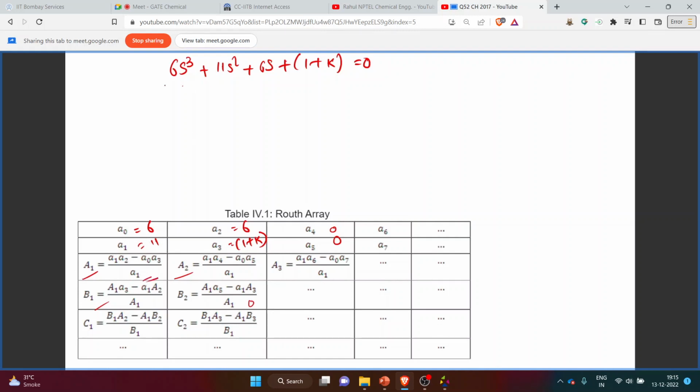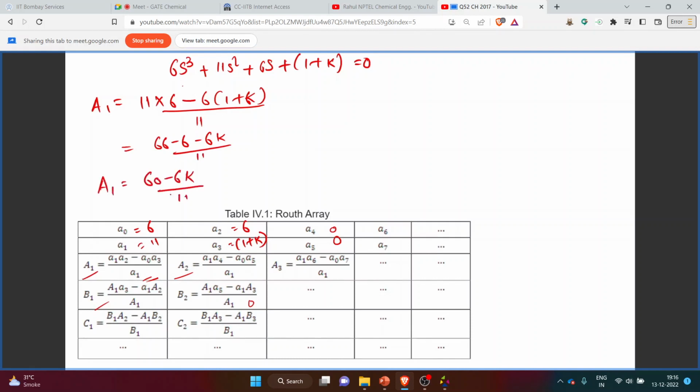So let's find the value of A1. The value of A1 is a1 into a2 minus a0 a3 upon a1. That is, we can write it as 11 into 6 minus 6 into 1 plus k upon 11. It will become 66 minus 6 minus 6k upon 11, so A1 is equal to 60 minus 6k upon 11.